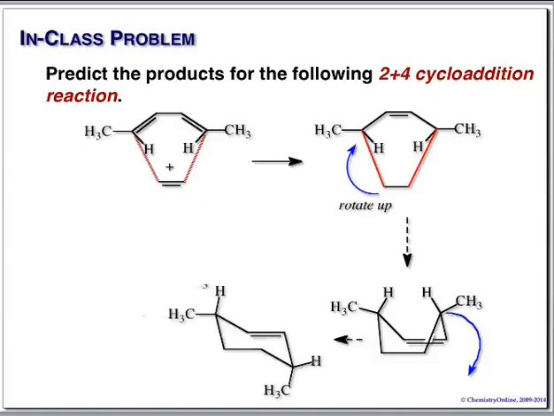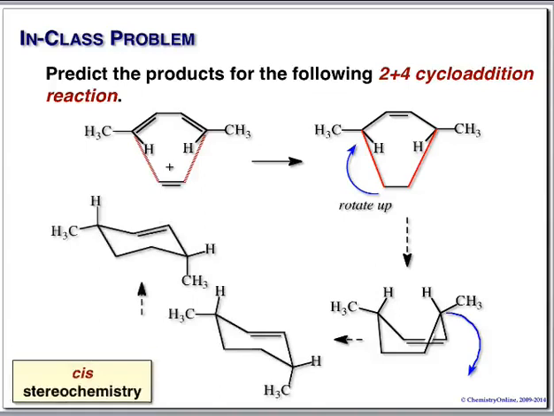Take the chair, straighten it up. We now wind up with one methyl equatorial and one axial. Remember from chapter 3, 1,4 axial equatorial is cis. They're on the same side of the ring plane.